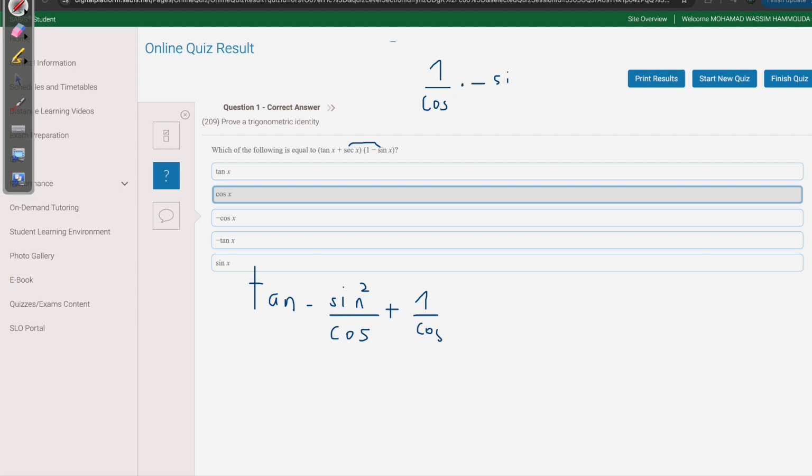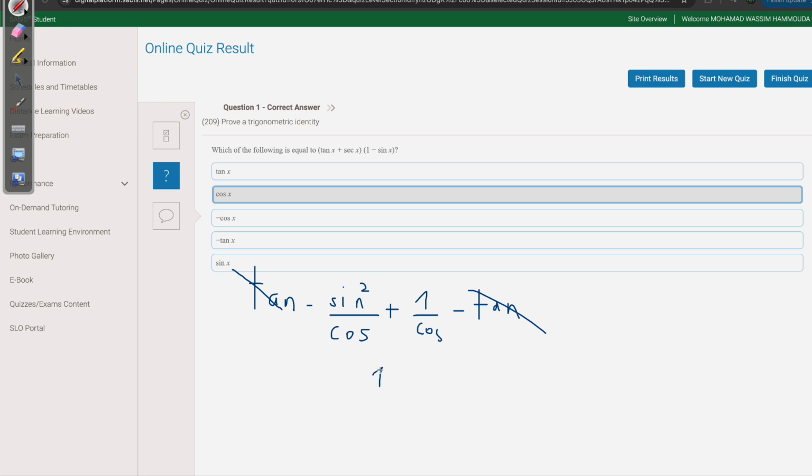And as we said before, tan is equal to sine over cosine. So 1 over cosine times negative sine would just be negative tan. So minus tan here, and then tan and negative tan will cancel out. And then we'll just add 1.